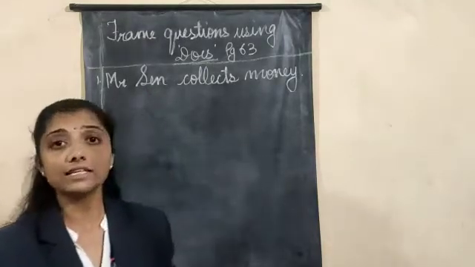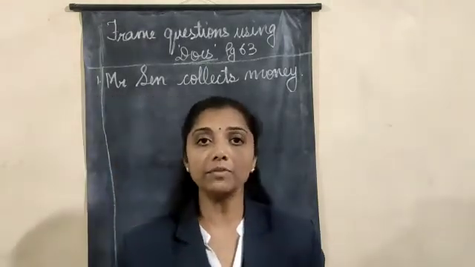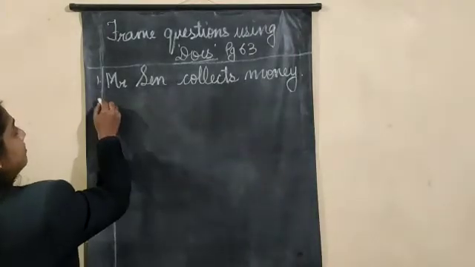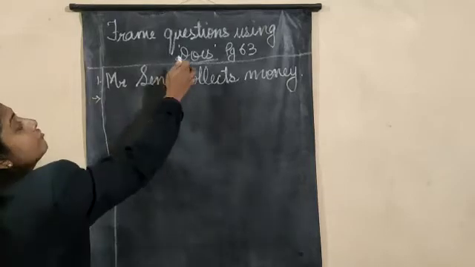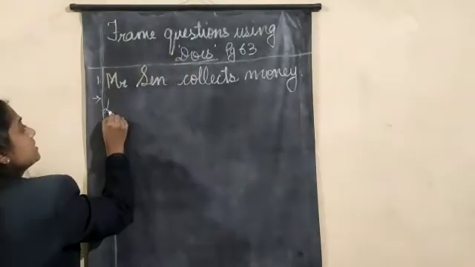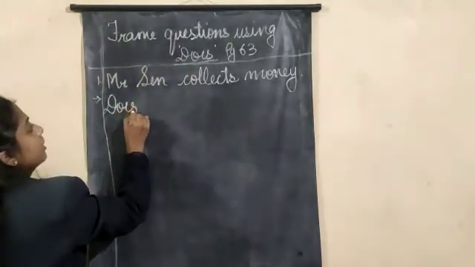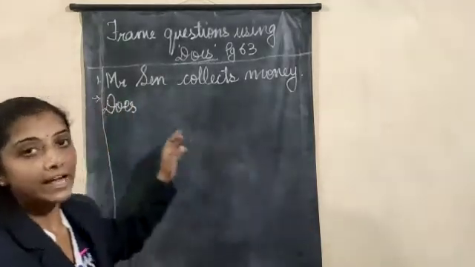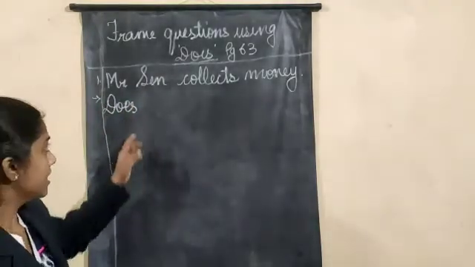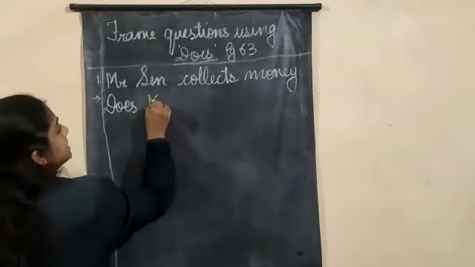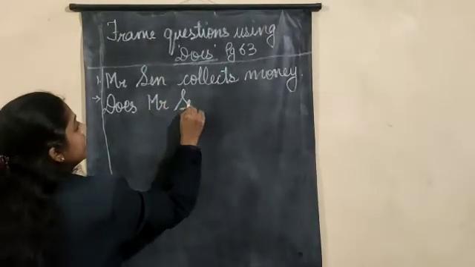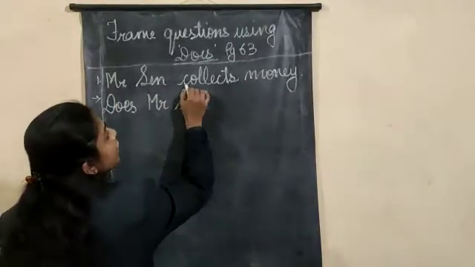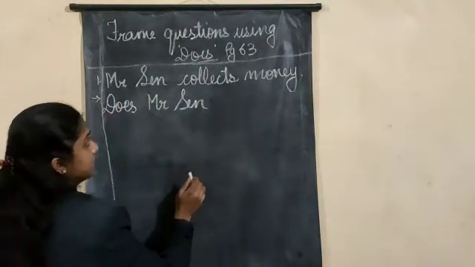Okay, now let's learn how to frame the question using does. So while framing the question, how do we do it? First we write does. They have told us to frame the question using does. So at the beginning we write does Mr. Sen. As it is we are writing Mr. Sen. Here they have given collects.